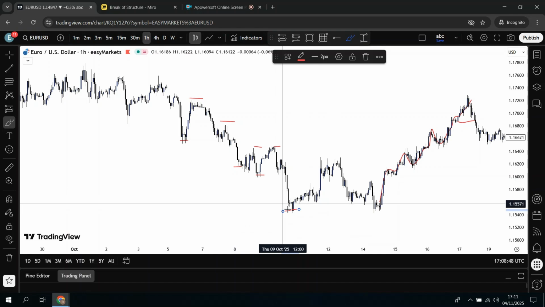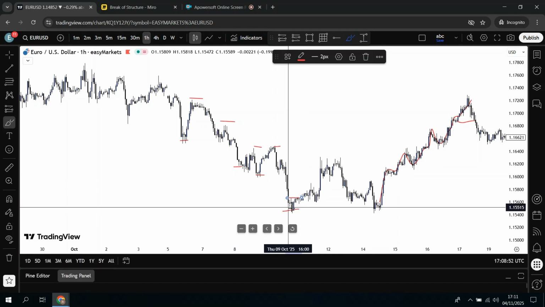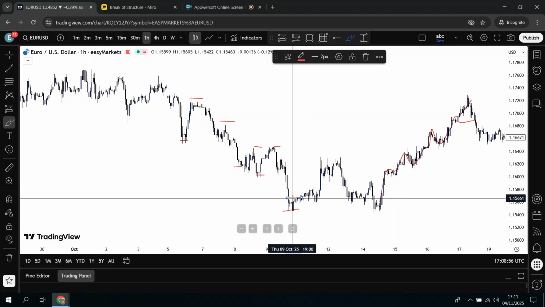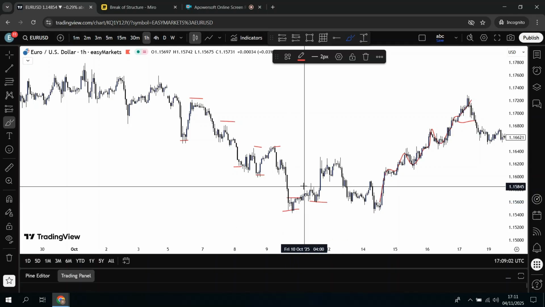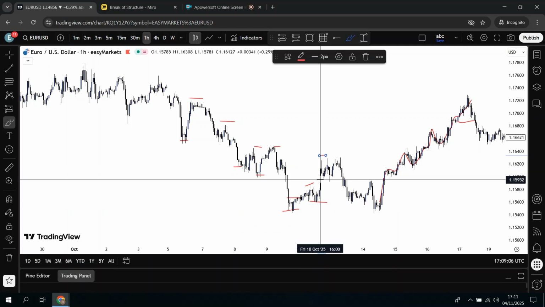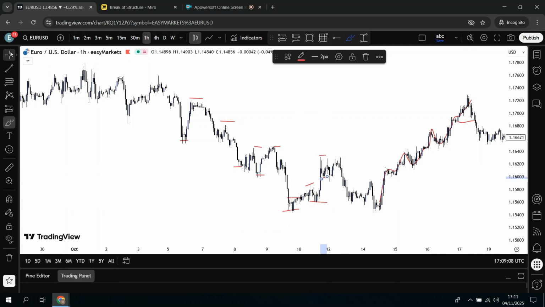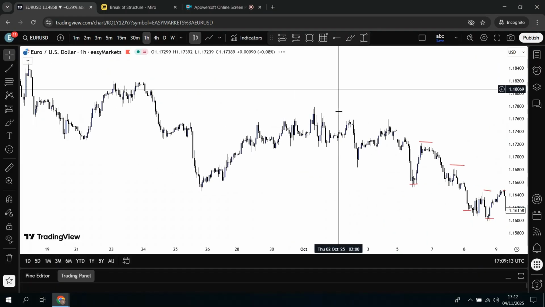And then what happens? We've got the low there, we've got a lower high here. Do we continue down? No, we don't. Why? Because we break structure to the upside, because we're making higher highs now instead of lower highs, and higher lows. This is your higher high, higher low, higher high, higher low. Pretty simple. Probably going to be a really short video.